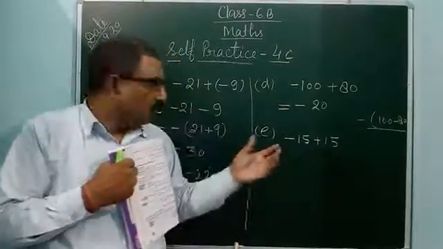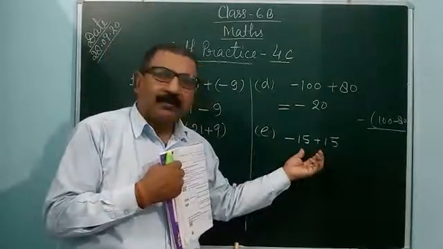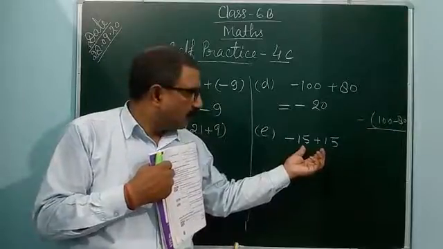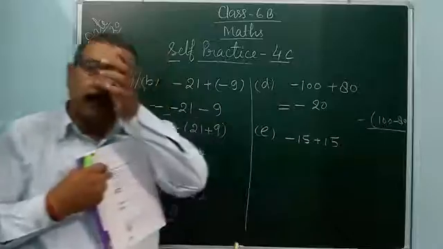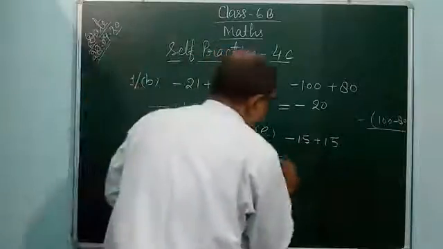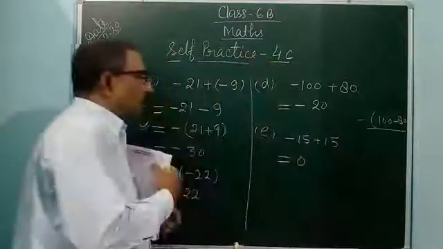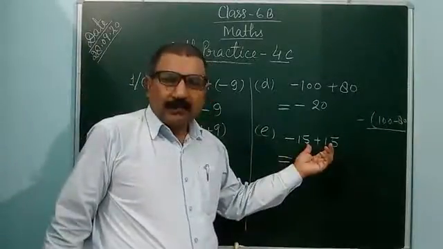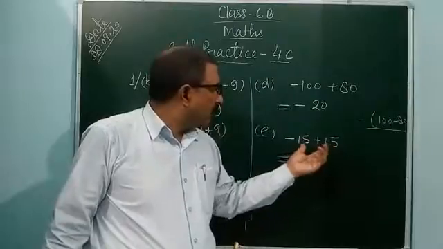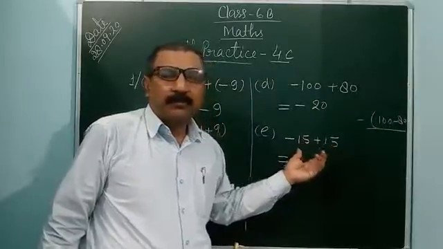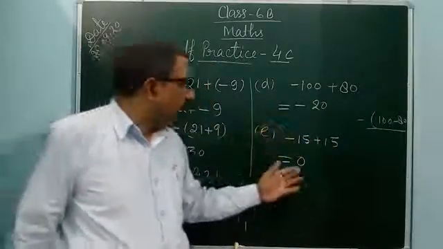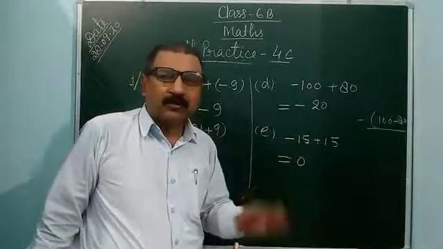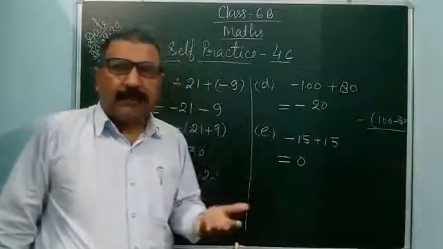It means the digits are the same but with opposite symbols, so the value will be 0. Minus 15 plus 15 is 0. Minus 10 plus 10, 0. Minus 5 plus 5, 0. Like that.